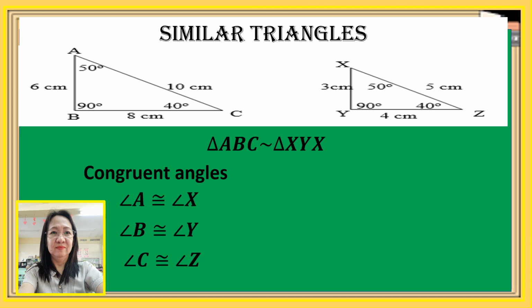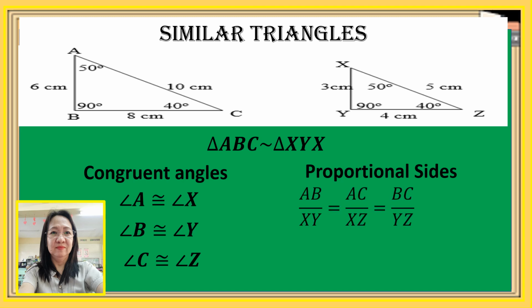Now we have to check for the proportionality of the sides, such that AB is to XY is equal to AC is to XZ is equal to BC is to YZ. Now substituting their lengths, AB is 6 and XY is 3 centimeters, while AC is 10 and XZ is 5 centimeters.